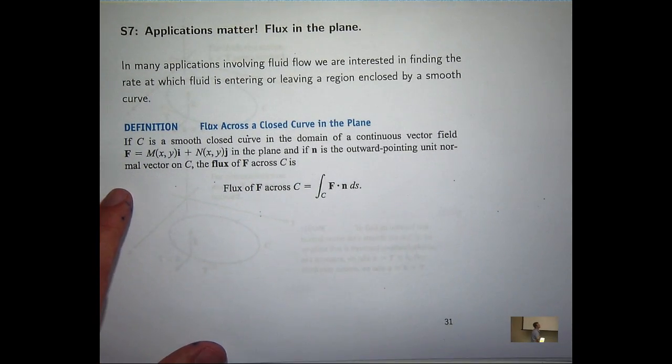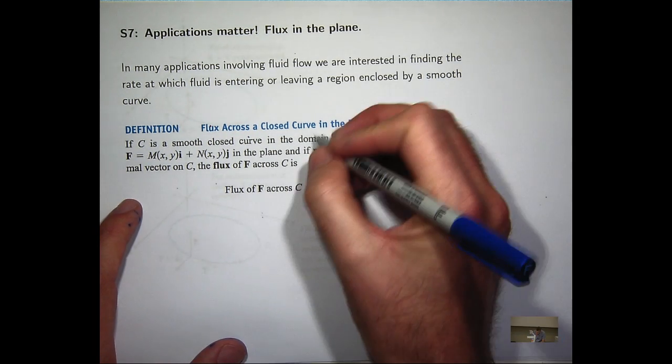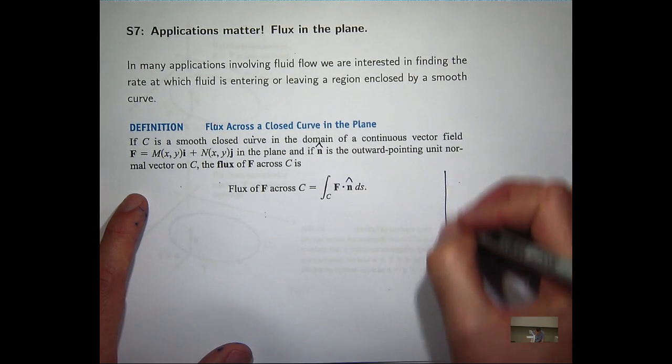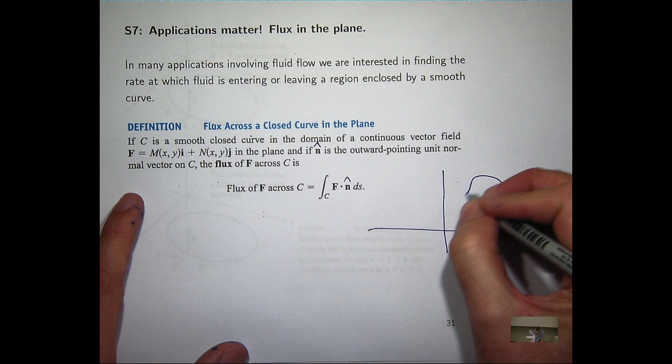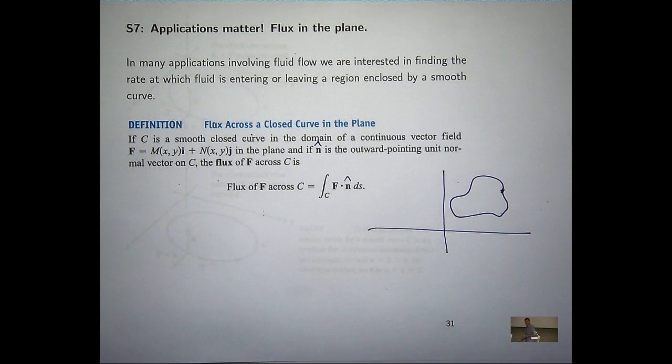Okay, here's another important application of these line integrals, so-called flux or flow rate in the plane. Suppose I've got a region that's bounded by a smooth curve.